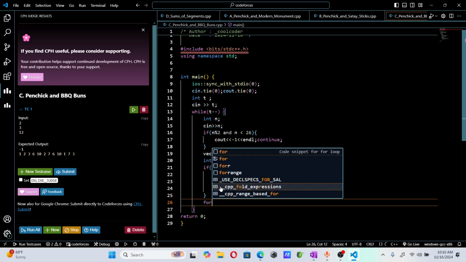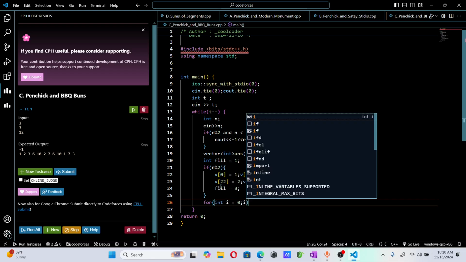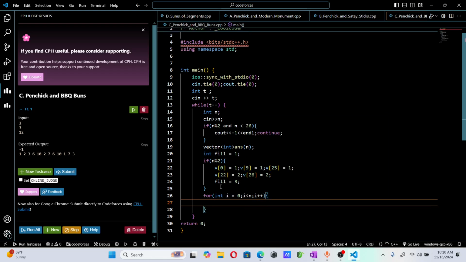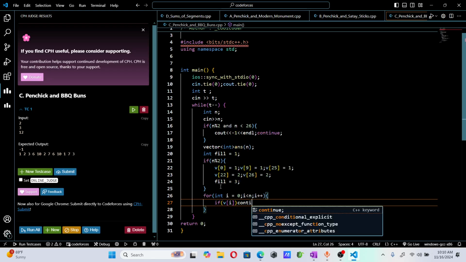Now int i equals to 0, i less than n, i plus plus, if b of i, then just continue.